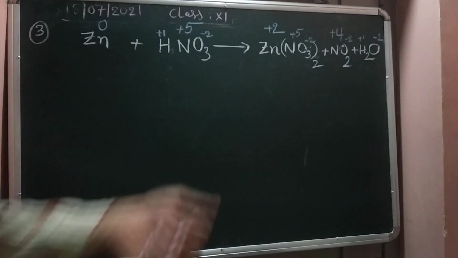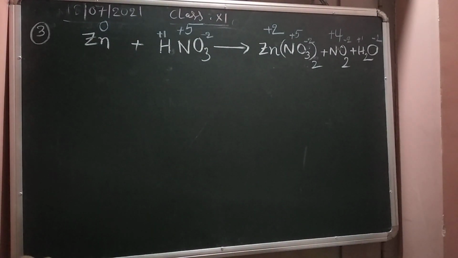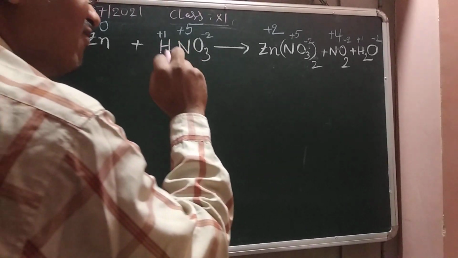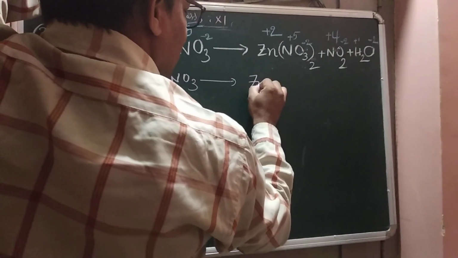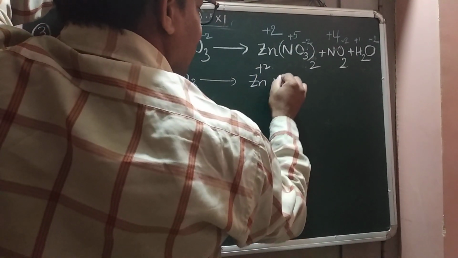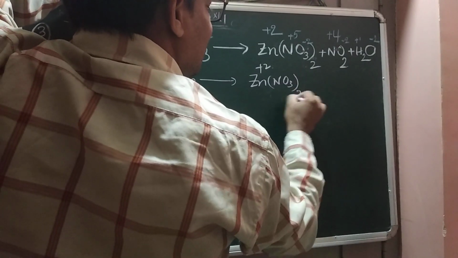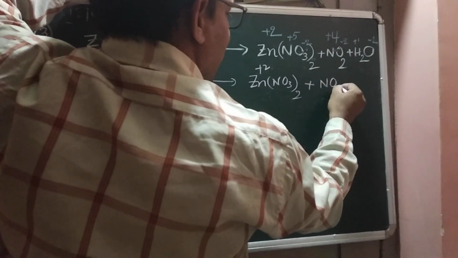But where the final change is, that is what I have to know, so I will write it once. Zn 0, Zn +2. This I have to consider. The remaining is not changed.